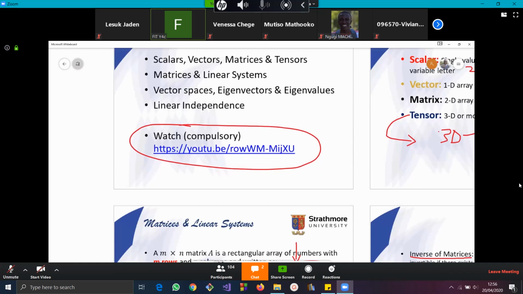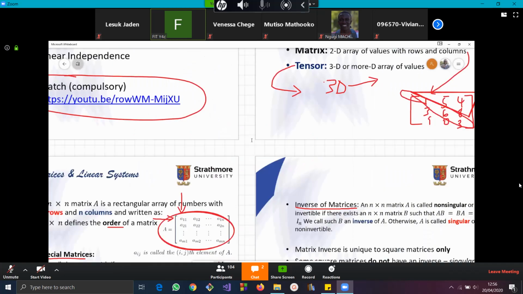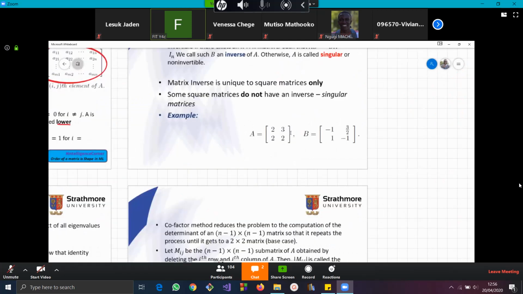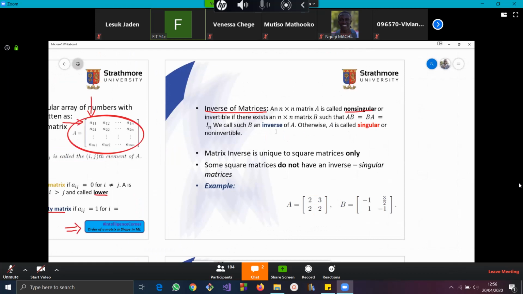Then let's go to the most important part: the inverse of a matrix. The inverse of a matrix is also going to be important. A matrix is called non-singular or invertible if it has an inverse. We can get its inverse.